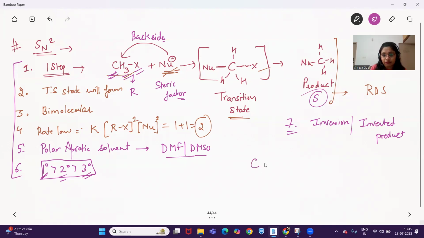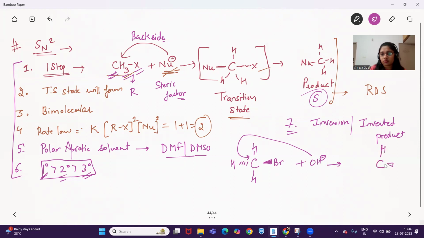For example, if you take bromine, hydrogen, hydrogen, and hydrogen, now OH negative as nucleophile is attacking from the back side. So what happens?